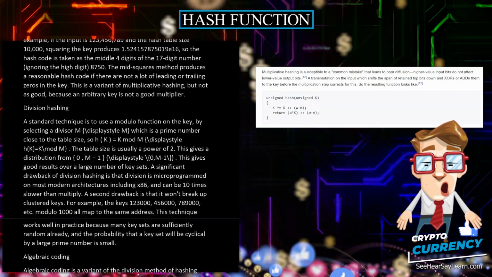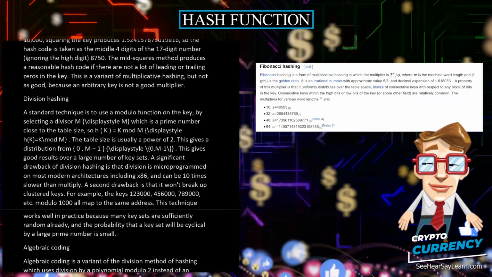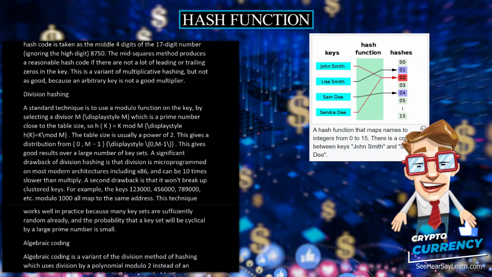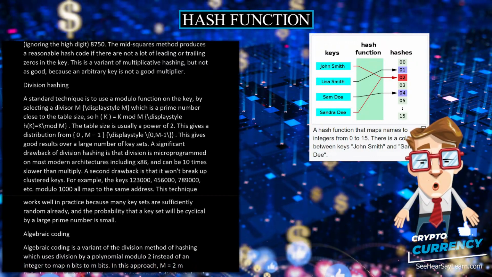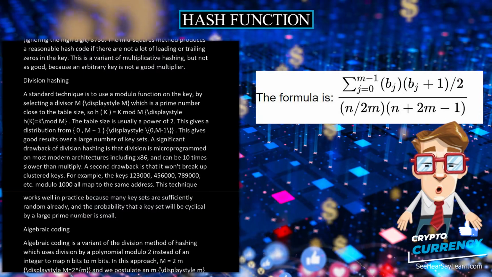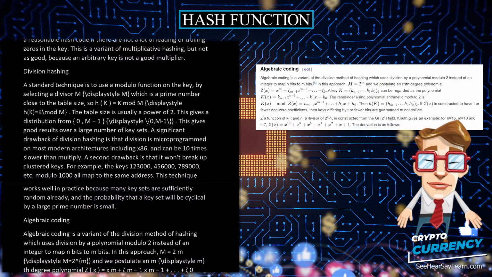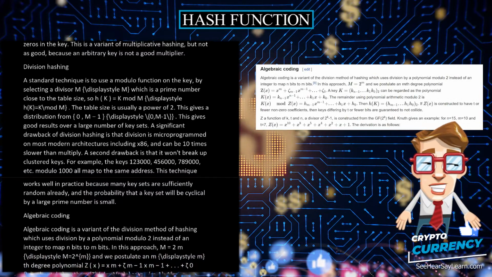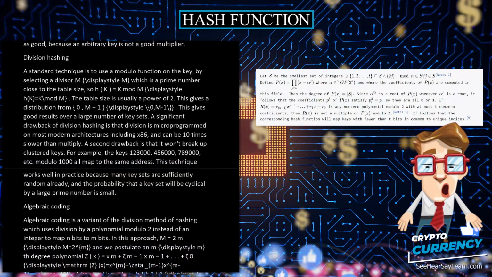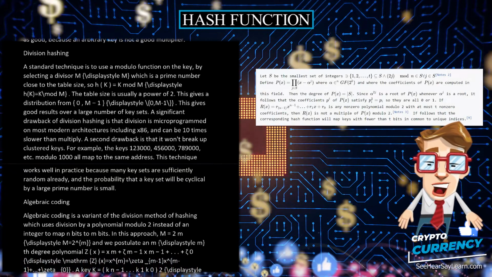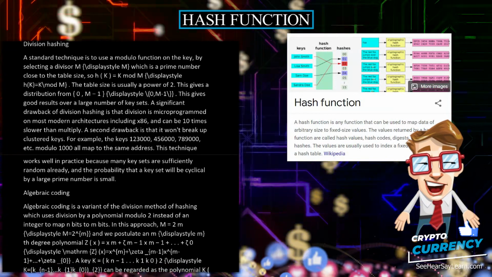A key K equals (k_{n-1} ... k_1 k_0) in base 2 can be regarded as the polynomial K(x) equals k_{n-1}x^{n-1} plus ... plus k_1 x plus k_0.